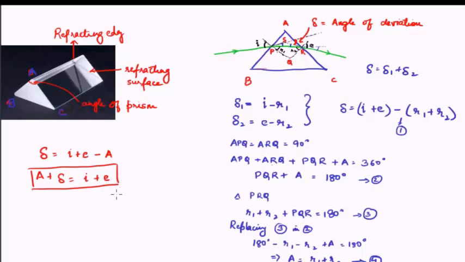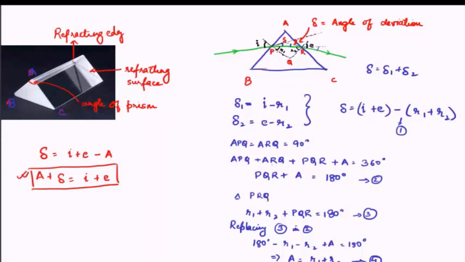This is a very important equation. What does this say? This says that the angle of incidence and the angle of emergence will sum up to the angle of the prism and the angle of deviation caused by the prism.